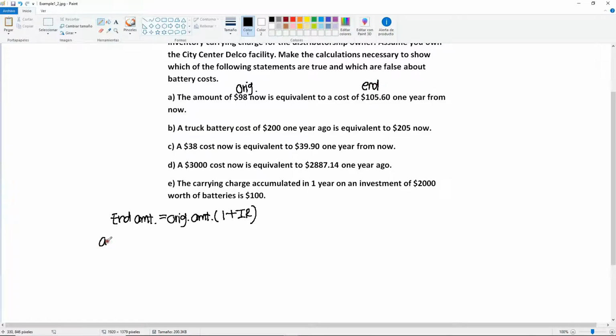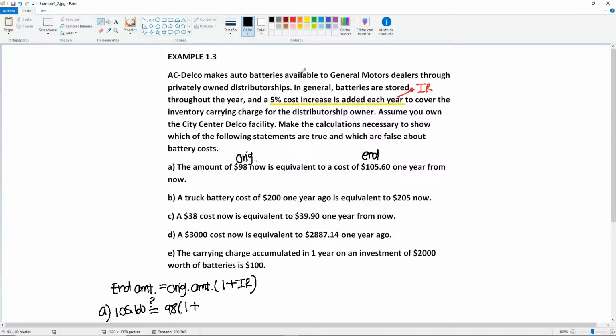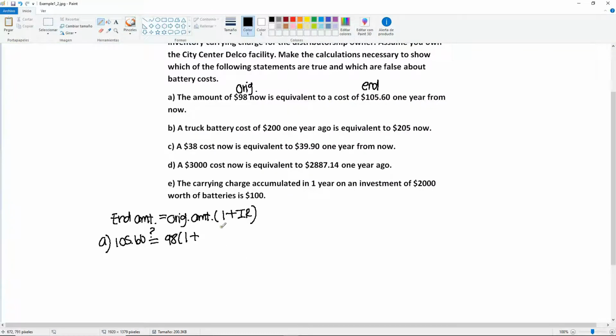So for part A, we want to know if the end amount, 105.60, is equal to 98 times 1 plus the interest rate, which we said is 5%, so 0.05.